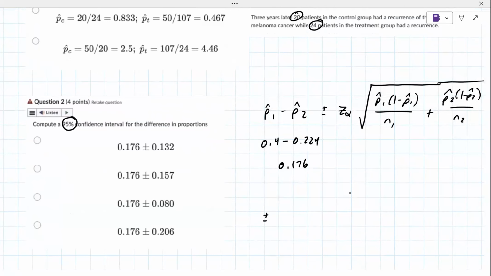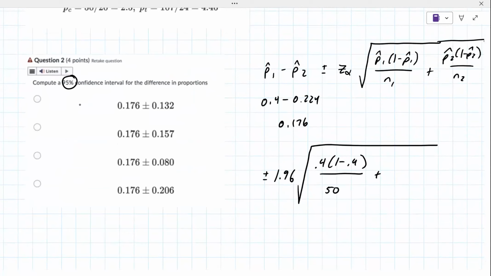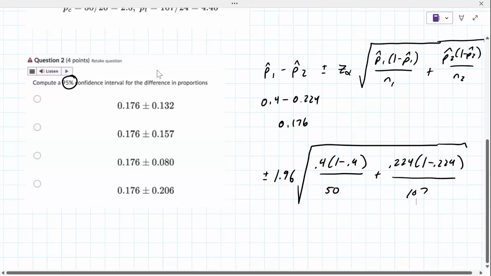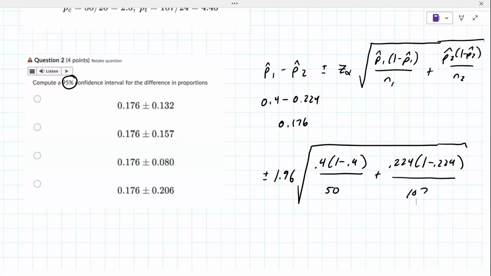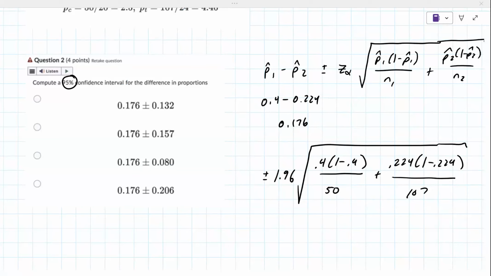So plus or minus 1.96 square root 0.4, 1 minus 0.4 over n1, which was 50, plus 0.224, 1 minus 0.224 all over 107. You grab your favorite calculator if you want. I'm going to calculate here for us as well, and we'll see which of these numbers we get.